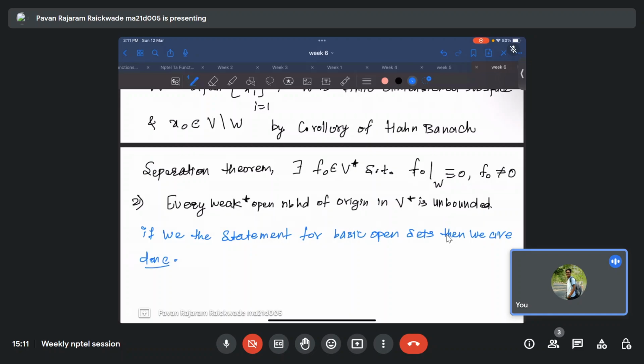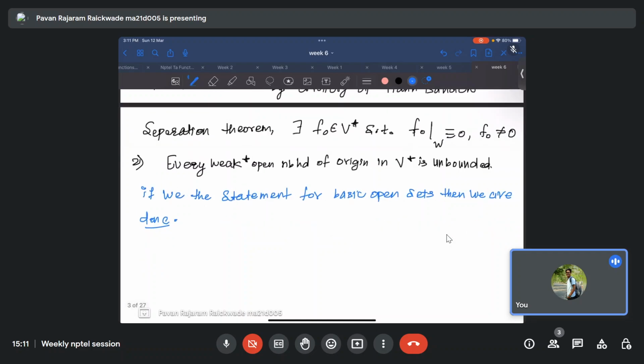Why? Because every open neighborhood contains a basic open set, and if a basic open set is unbounded, then the open set will also be unbounded. So we'll just consider any basic open set.